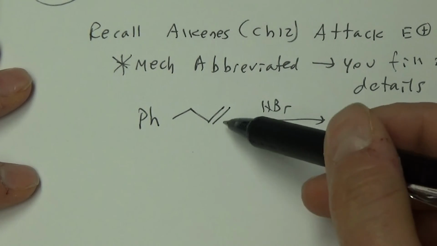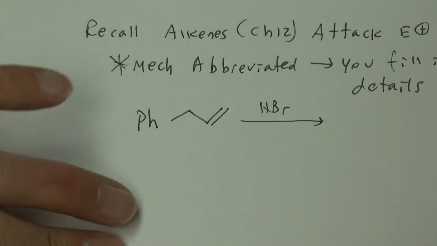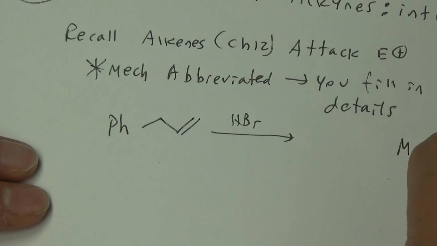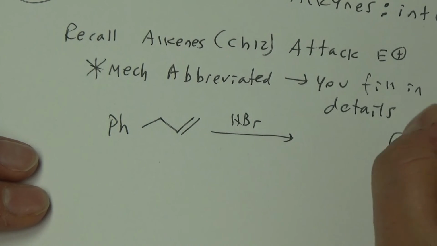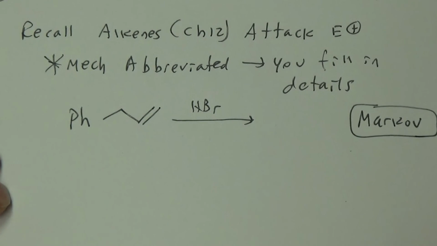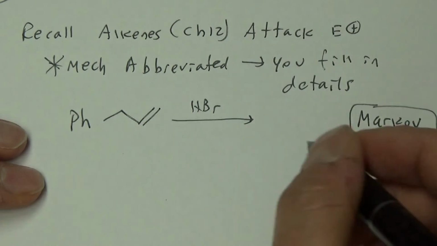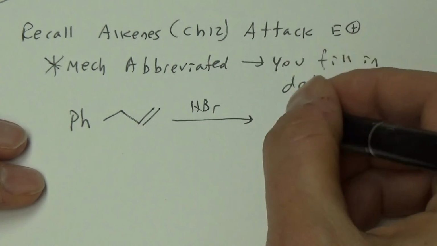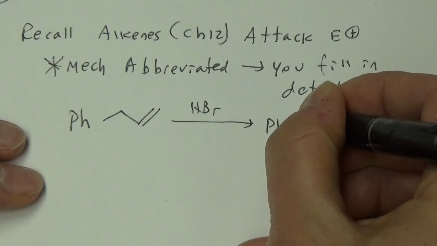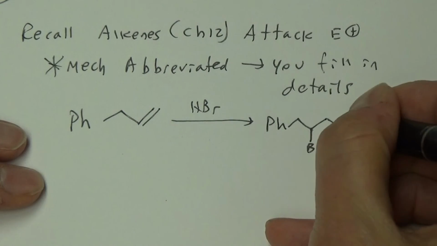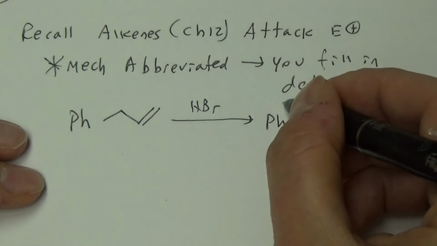So one atom gets an H, the other atom gets a Br. This is Markovnikov. Of course it's Markovnikov. So the Br goes to the more substituted of these carbons, so the left carbon, right? Of course the H goes to the right carbon, okay?